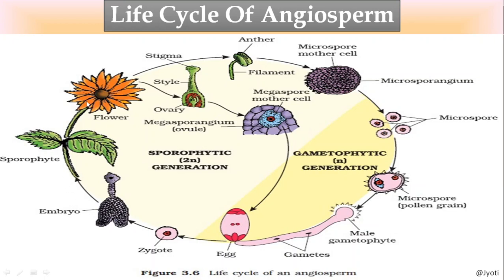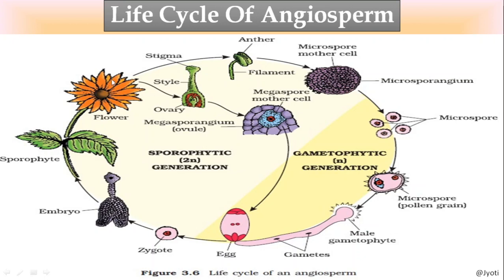Like bryophytes, pteridophytes and gymnosperms, the life cycle of angiosperm also includes two phases: the sporophytic phase or sporophytic generation, which is diploid, the main plant body, and the gametophytic phase, which is haploid and produces the gamete. The gametophytic phase reproduces sexually by producing the gamete and develops into the sporophyte.